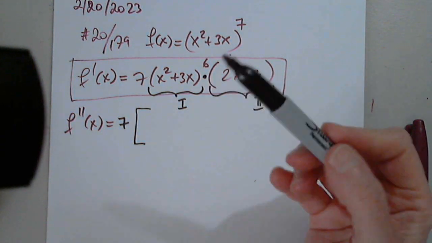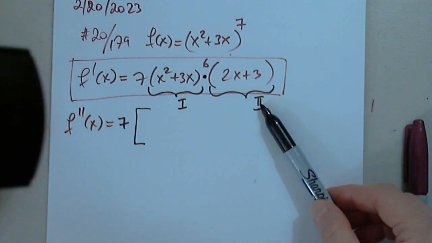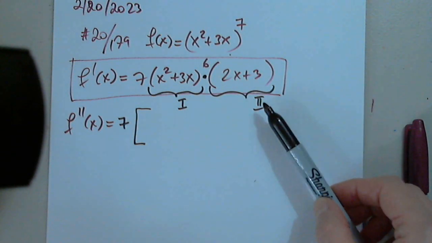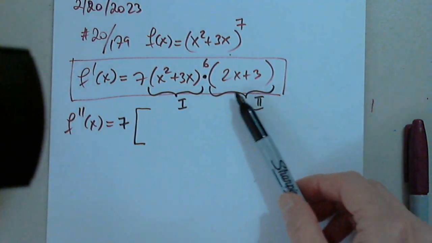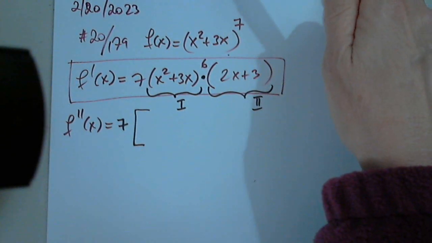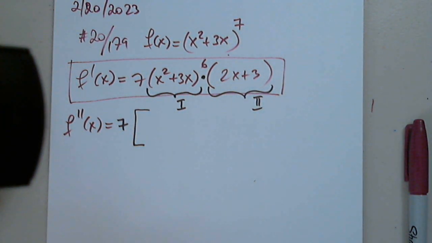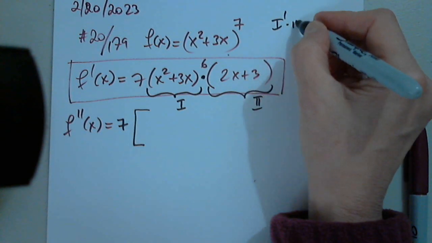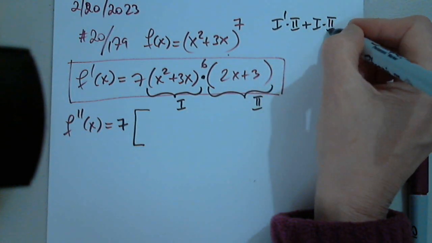So remember the rule. First function prime times the second plus the first times the second prime. Do not change your style. I saw in some of your homework you use the twisted method, which is fine. It works, acceptable.